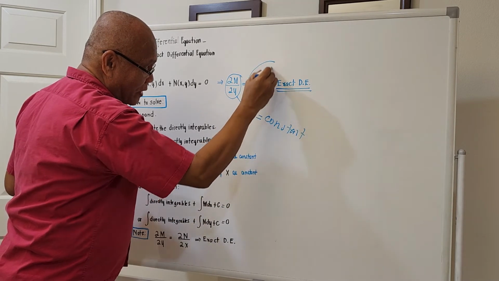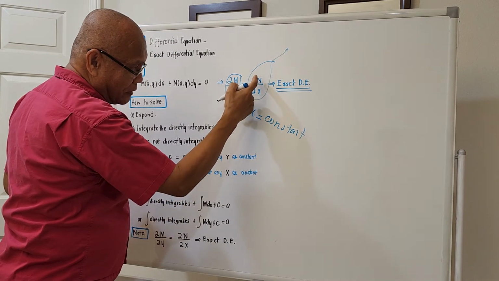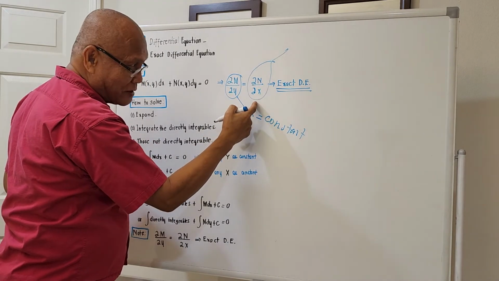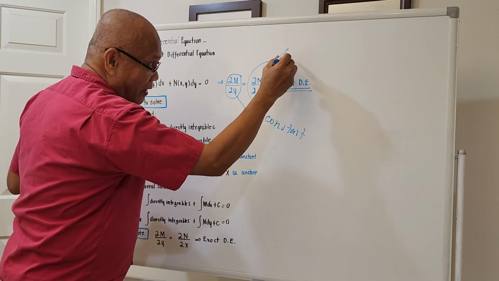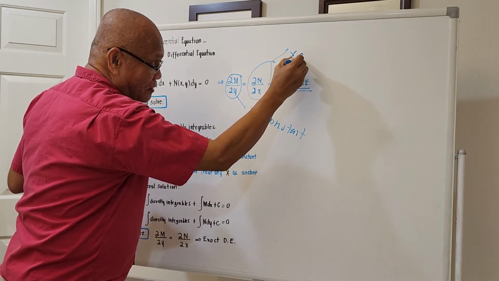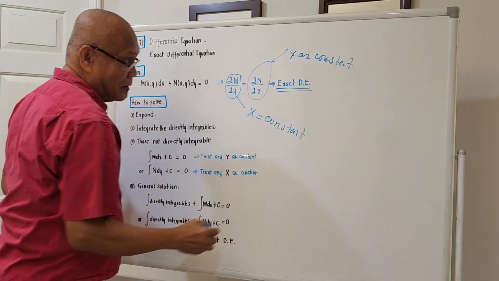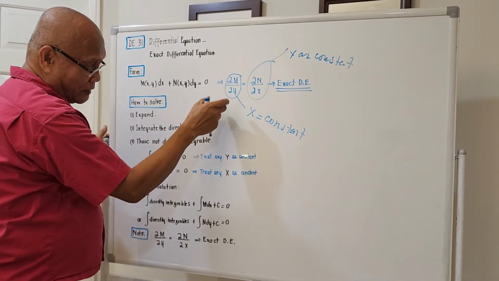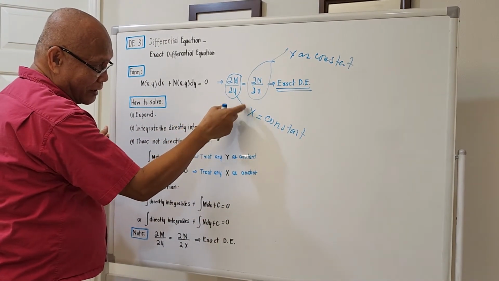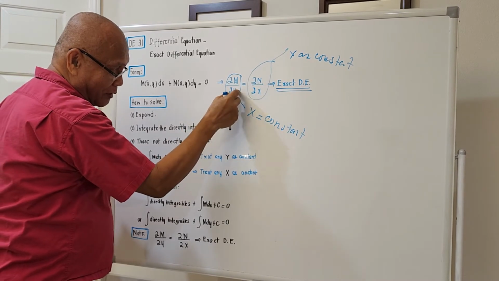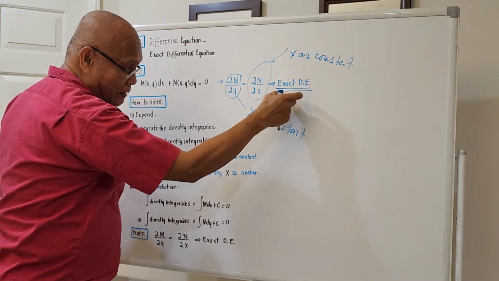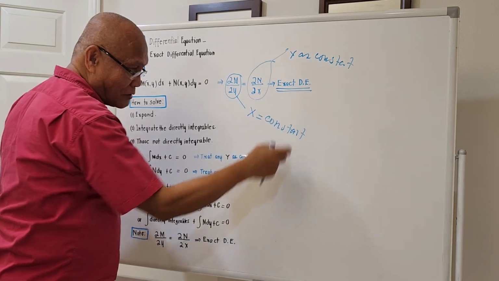And while taking the partial derivative of N with respect to x, treat y as constant. So after taking the partial derivatives, and they are equal, the given differential equation is an exact differential equation.